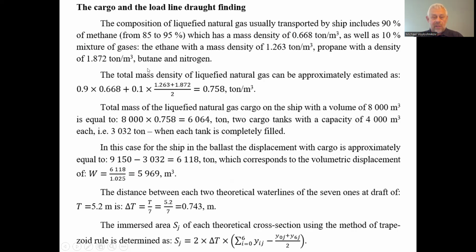This is a mixture of gases as the cargo. We can estimate the total density of liquefied natural gas approximately as 0.9 of methane and 0.1 of the remaining gases, giving 0.75 ton per cubic meter.